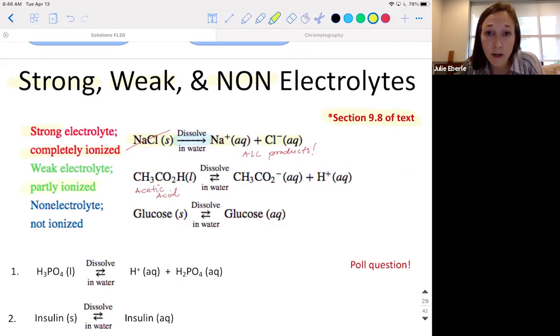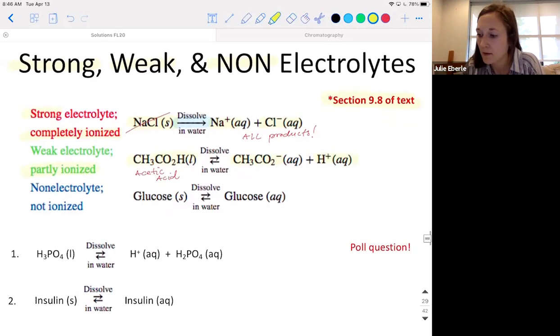So some of the acetic acid will make your acetate and H+, okay, because it's an acid. Acids donate or give away a hydrogen. But then you'll also still have some of your full acetic acid compound left in the solution. All right, so you could draw that with a reverse arrow. You'd have both reactions happening. Partially ionize.